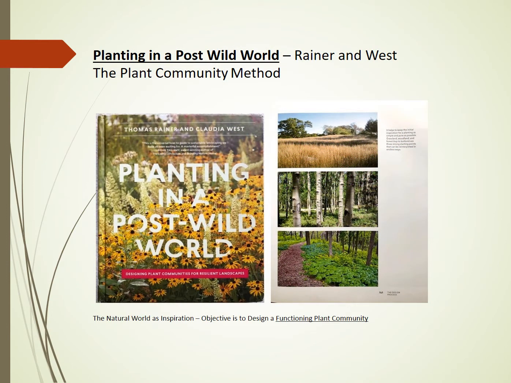In their book, Planting in a Post-Wild World, Thomas Rayner and Claudia West promote the creation and nurturing of self-sustaining functional plant communities, functioning ecologically as well as aesthetically. This planting model layers plants vertically and not just horizontally so that all ecological niches are filled with the appropriate plants as occurs in nature.